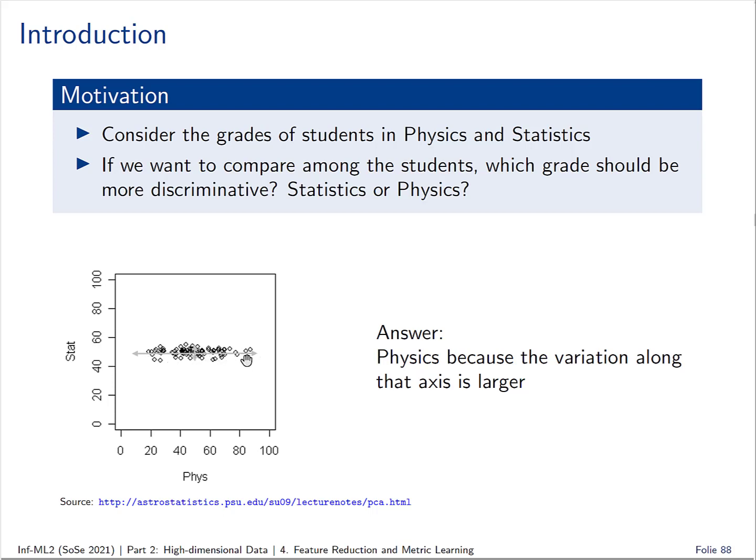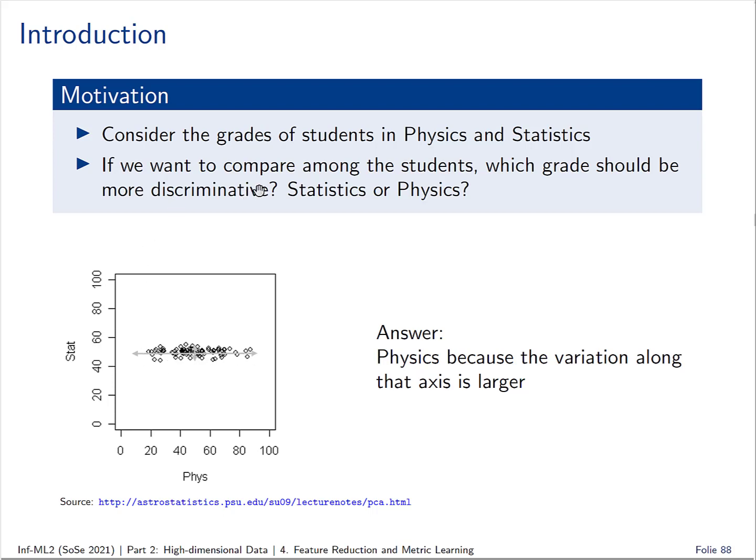We have a spread between 20 and more than 80, probably 90. So it makes much more sense to look just at the physics grade to say, okay, those are the best students, and those are probably the worst students.